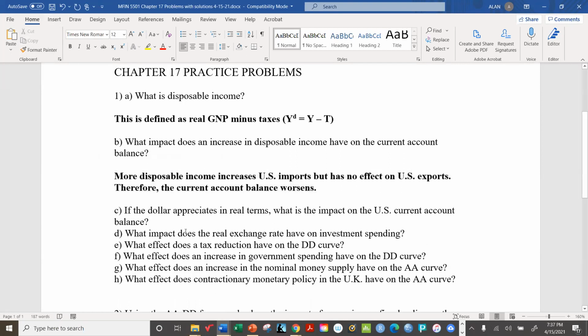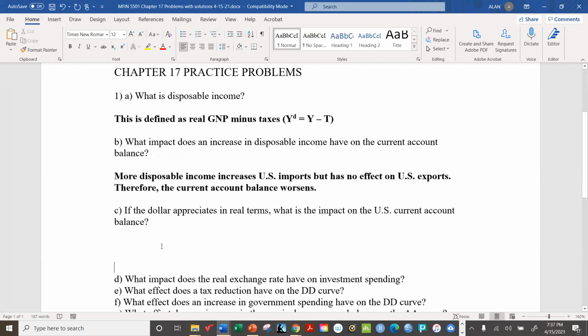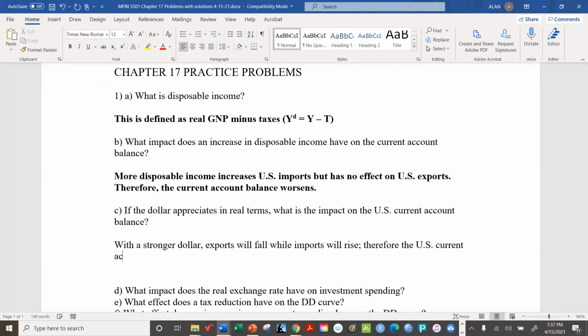If the dollar appreciates in real terms, what is the impact on the US current account balance? Well, with a stronger dollar, exports will fall while imports will rise. Therefore, the US current account balance will worsen.